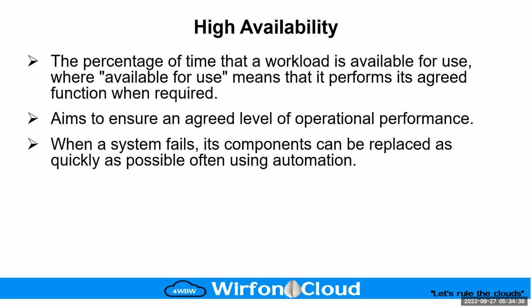When traveling, if something happens to one of your wheels and you can't continue traveling, you have a spare wheel at the back of your boot, and you can quickly change that wheel and continue traveling.